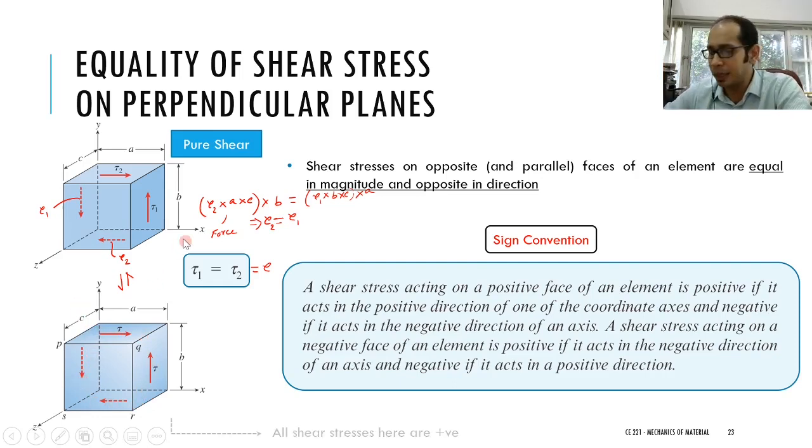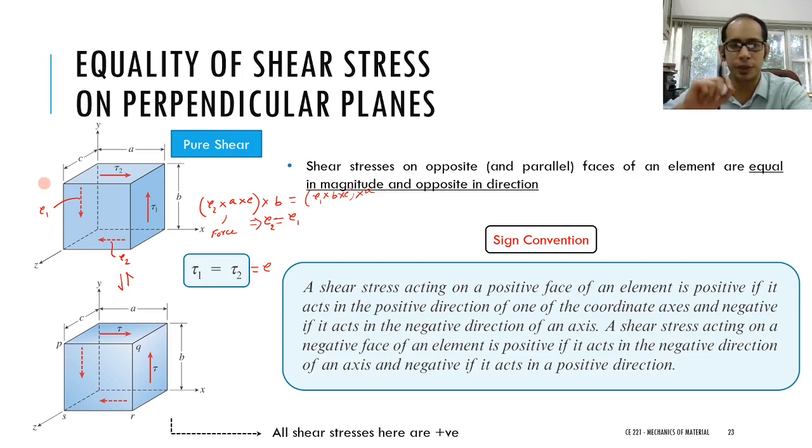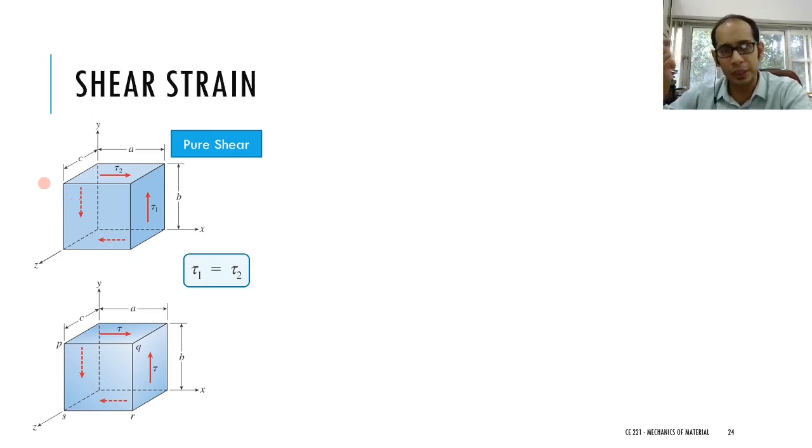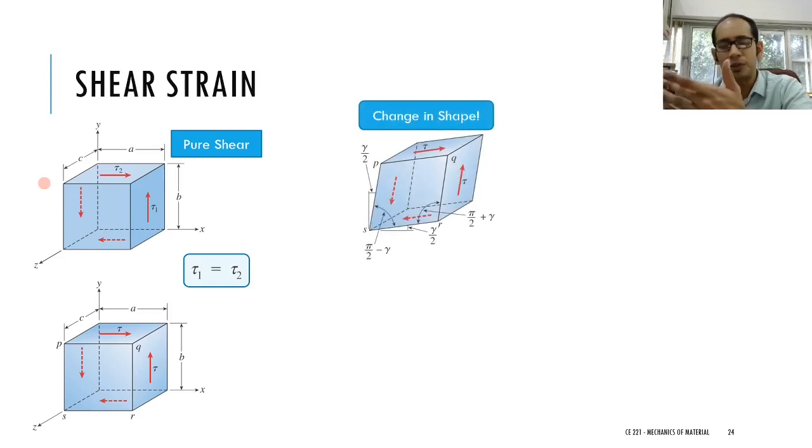Now, as we had for our normal stresses which induce the longitudinal strain, shear stresses also induce a kind of strain, right? So this strain looks something like this over here. The shear stresses cause a change in shape. Whatever was rectangular now has a change in shape.